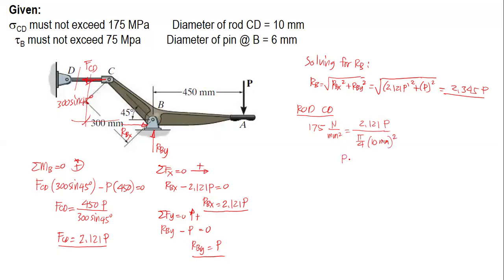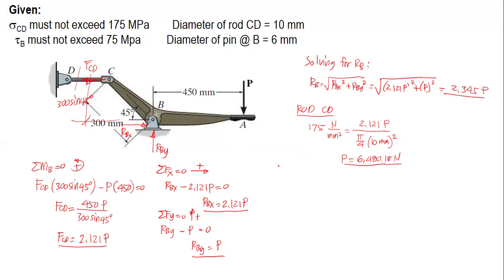So we have the first value of P based on the condition of 175 megapascal. You can use shift solve, or you can just cross multiply: 175 times pi over 4 times 10 squared divided by 2.121. The result is 6,480.18 newtons.